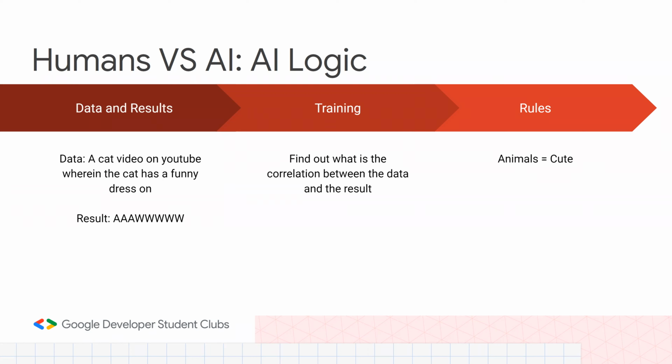So now that we have this correlation of cat in a dress in a YouTube video, and that cat in tutu equals cute, let's give it a video of a cat with bunny ears and see if, with this rule that the AI learned, it'll still give the result.